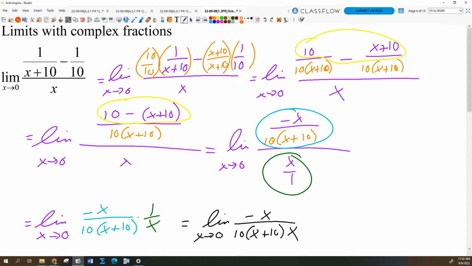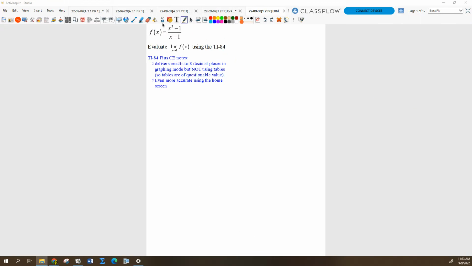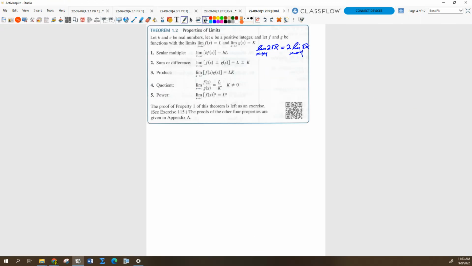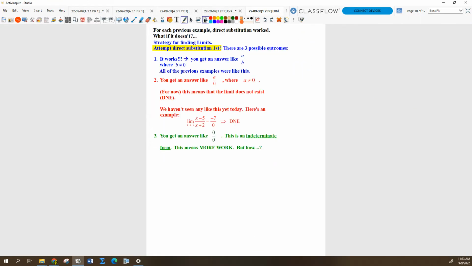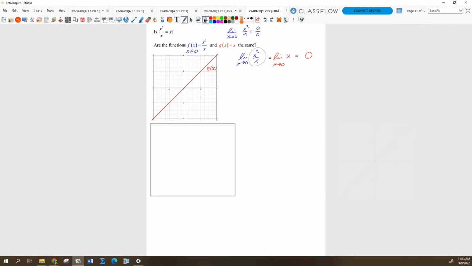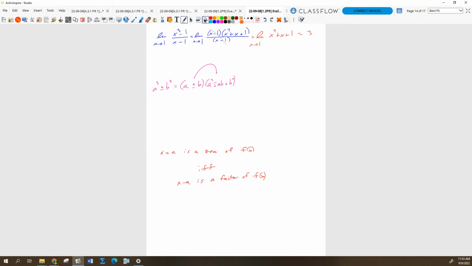Remember that stuff we talked about yesterday? Let me see if I can grab that slide from yesterday. I just want to make sure this is a strong association for you. This factor theorem. Where was that? This slide. Where did I write that? I know I wrote that down.